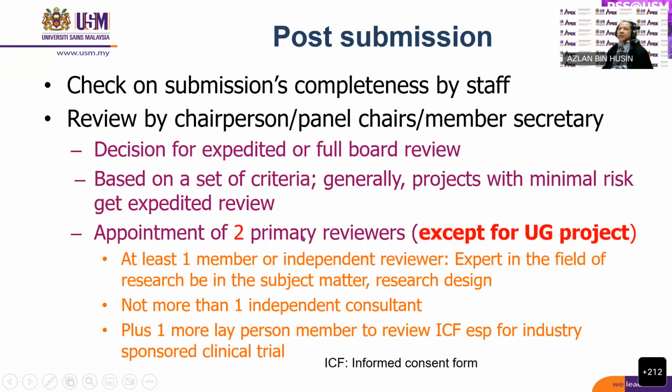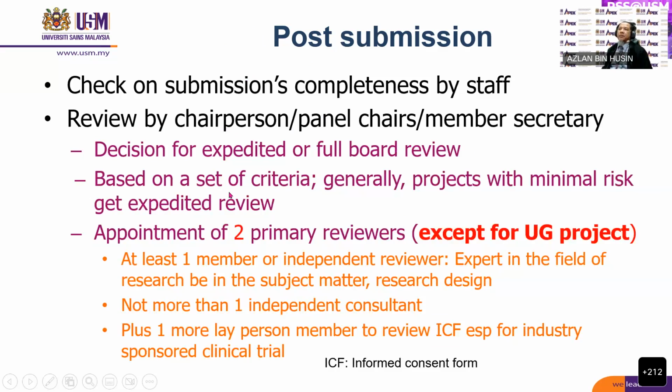So post submission, what happens is that once you have gathered all the documents that you want to submit, the secretariat staff of JPM, as well as from the Animal Ethics Committee, will review whether it is complete or not, right?